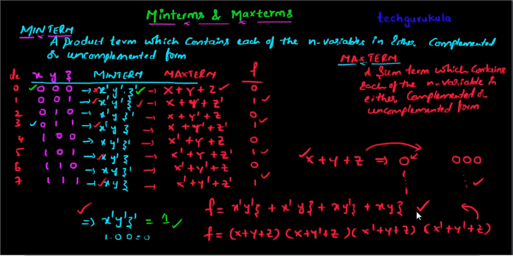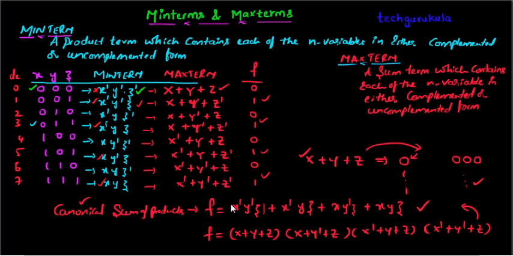Let me write it down here. This way of representing is known as canonical sum of products. Canonical is synonymous with the standard way of representing. We are taking a sum; you can see the sum symbols here, which are logical sums, of product terms.